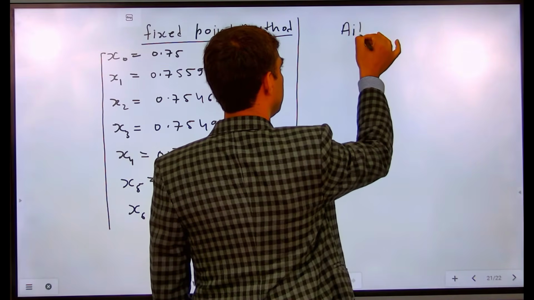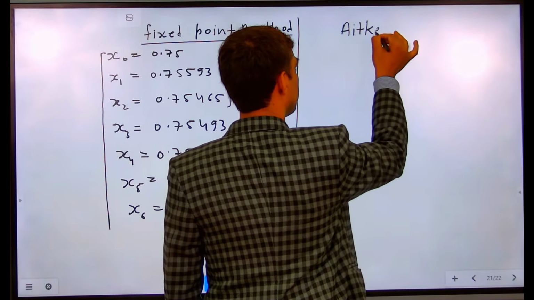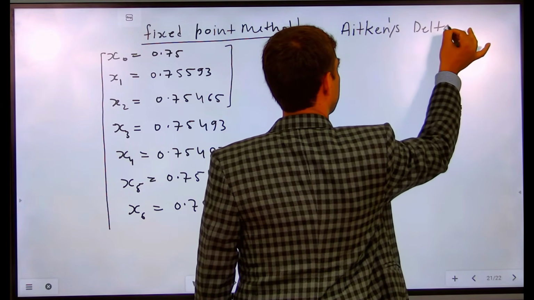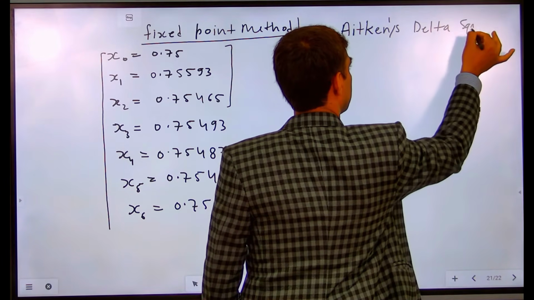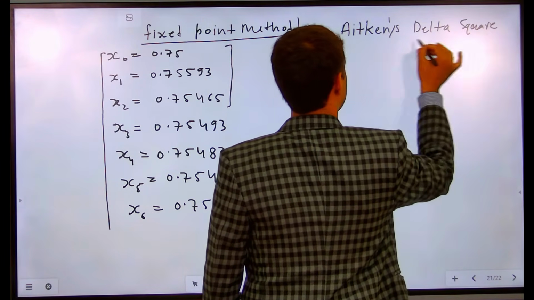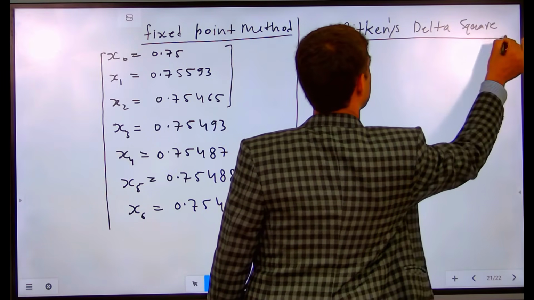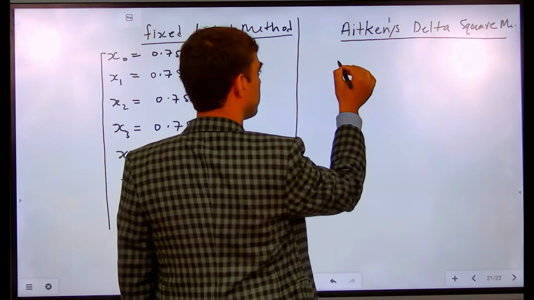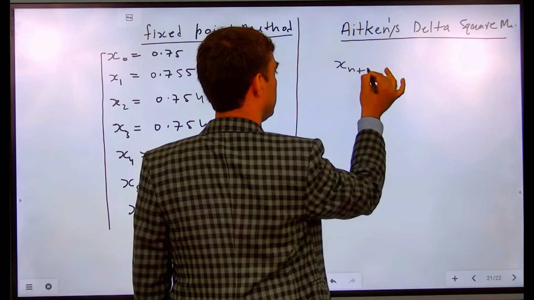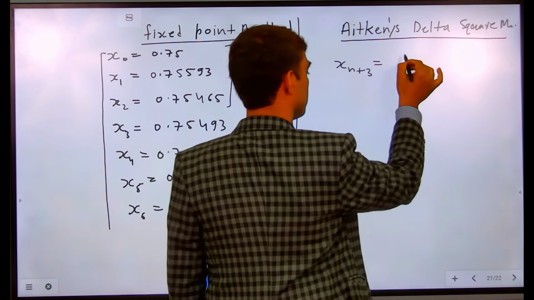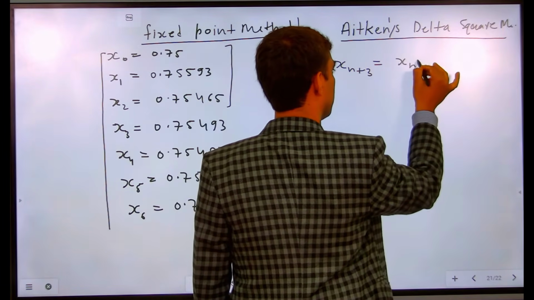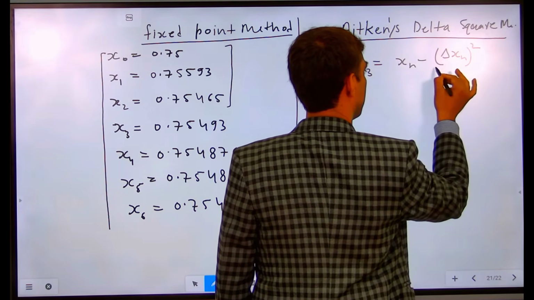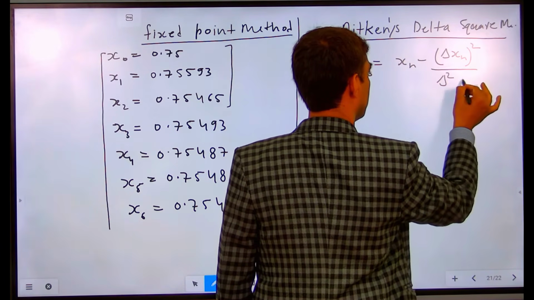First we write the iterative scheme of Aitken's delta square method. x n plus 3 equals xn minus delta xn whole square divided by delta 2 xn.